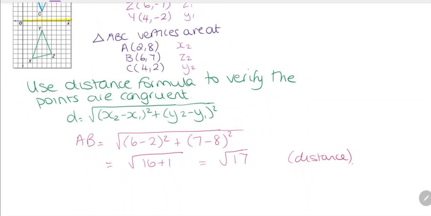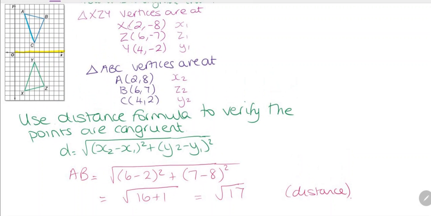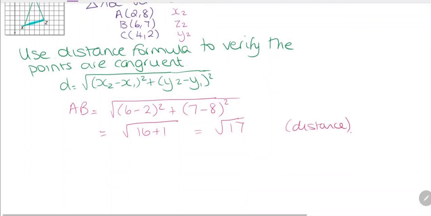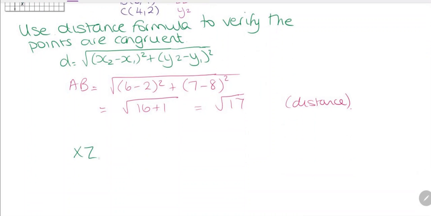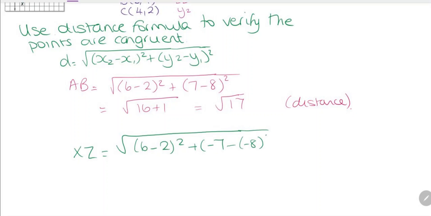And now we need to look at another segment. So AB is here, and we want to see if this is congruent with XZ. So we need to check XZ next. We're going to put the values in. So we're going to have (6 minus 2) squared plus (minus 7 minus 8) squared.